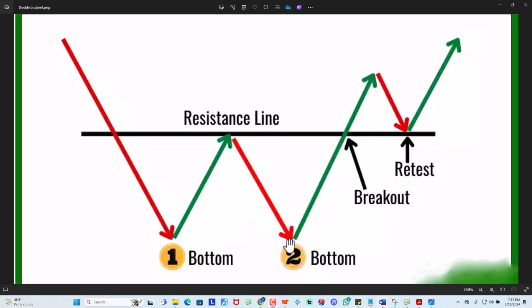Now there's two ways to approach this. If you are somebody who's a bit riskier, and you manage your risk properly, you could catch some part of that move that is going up.